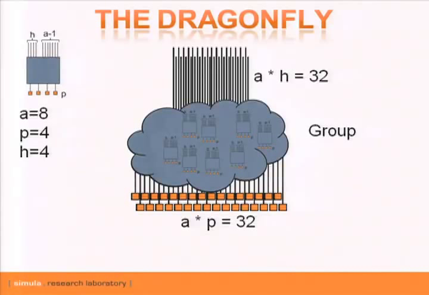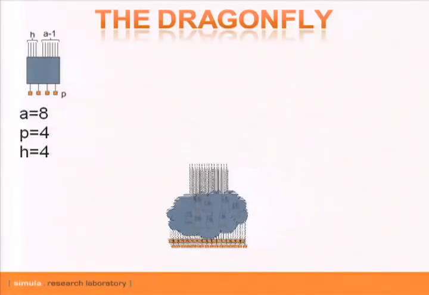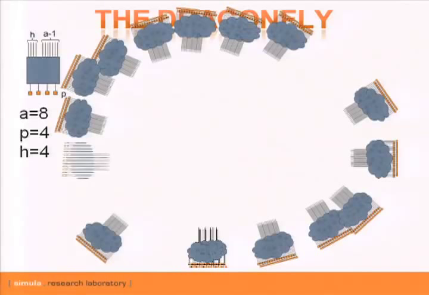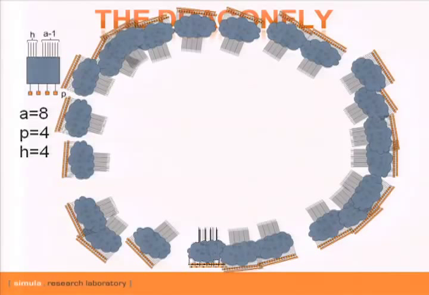Each group will also have 32 terminals connected to it, which is just A multiplied by P, and the same number of global links. A number of those groups will then make up the complete network.